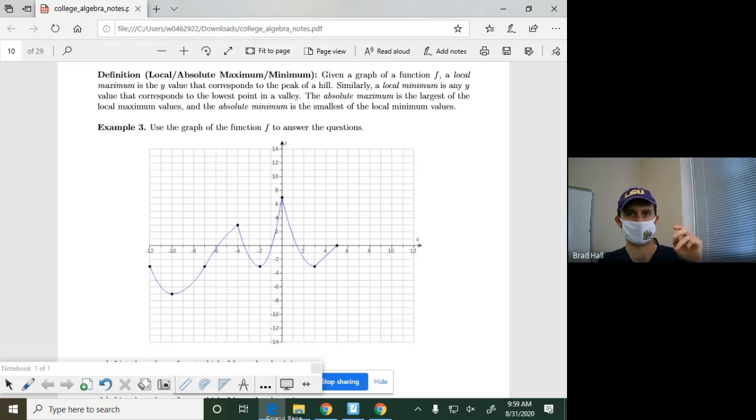There's 3 kind of cup shapes, ultimate arcs, and the lowest points are filled in circles. Those would be local minimums, plural. An absolute minimum would just be the lowest one. As you can tell, the quantity is prefaced by the namesake of the terminology. Local implies more than one. Absolute implies a singularity.